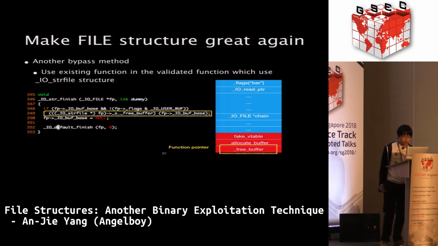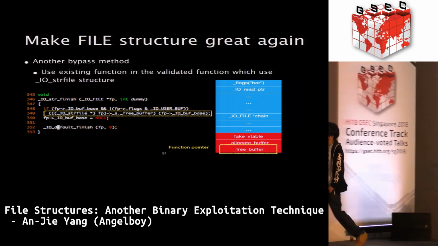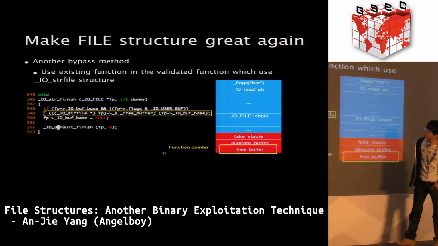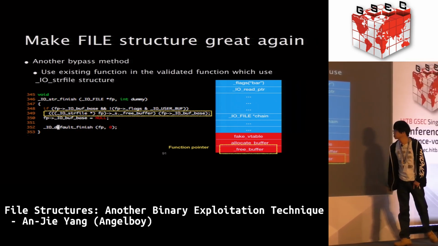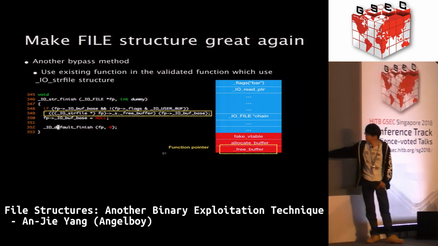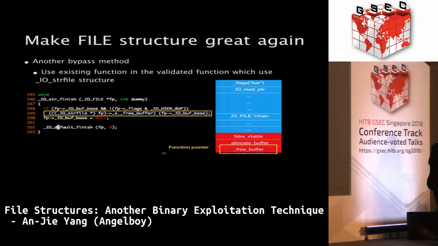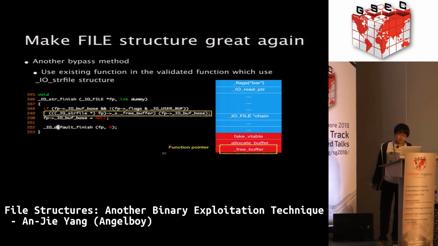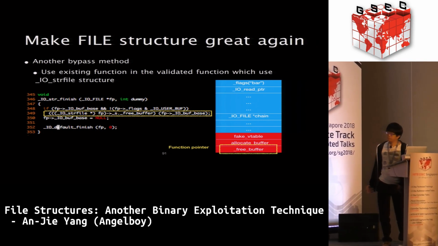And then it will call the function pointer in the IO string file structure, which we can point to anywhere. The function pointer is here. That is, we can control the program counter again.